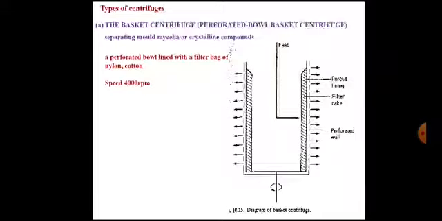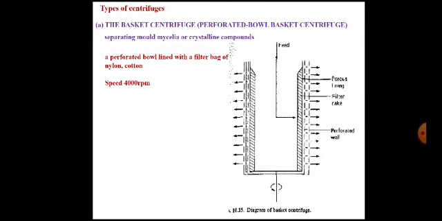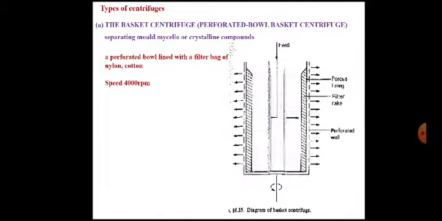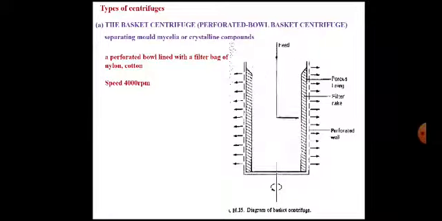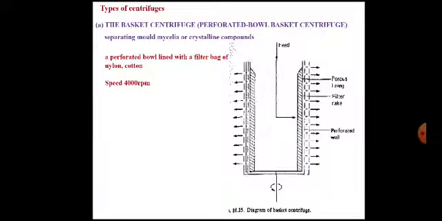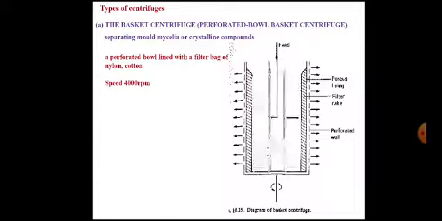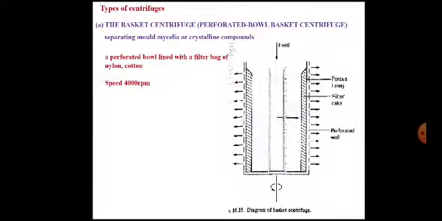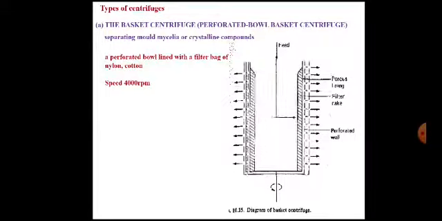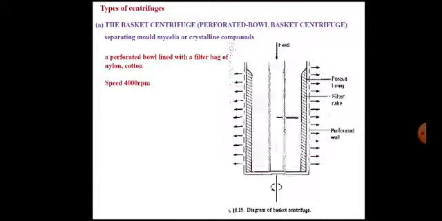Whenever it rotates, liquid is thrown out of the bowl and forced to pass through the filter cloth. The filter cake is built up inside the basket, and the filtrate or clear liquid is thrown out of the basket like this.